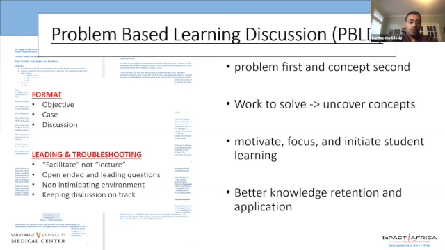As someone who's leading the case-based discussion, remember that your goal is to facilitate and not to be the lecturer. So hopefully you'll speak less and listen more and have your trainees engage. We mentioned open-ended and leading questions. You want to create an environment that's not intimidating to allow for your students to stay focused.